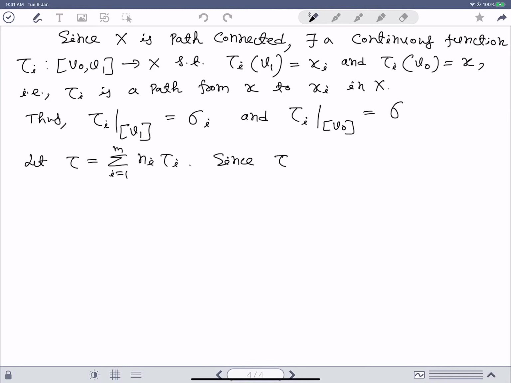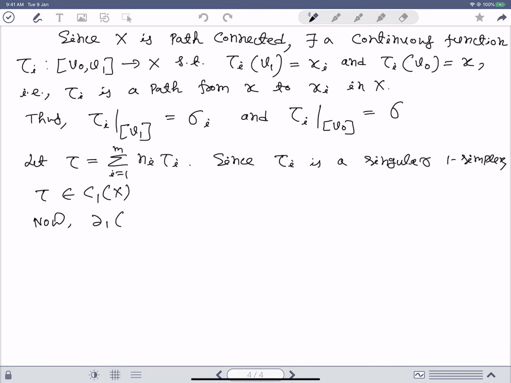Since each tau_i is a singular 1-simplex, that implies tau belongs to C_1(X). Okay. Now what will be my del_1 tau? That is, what will be the boundary of this tau.